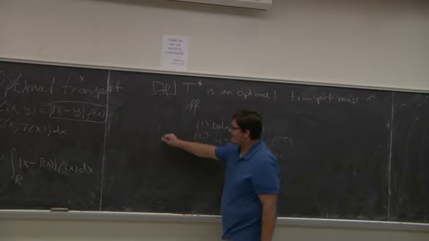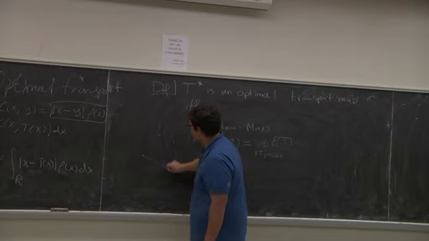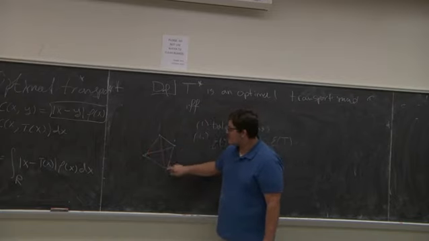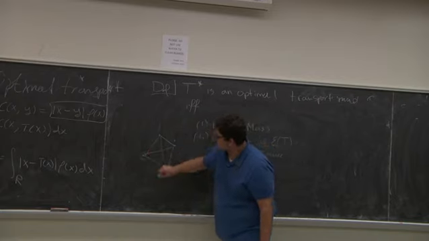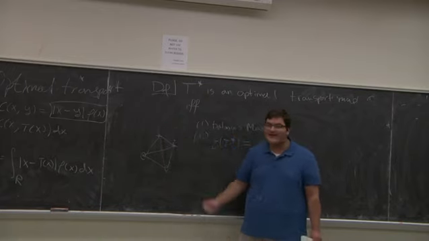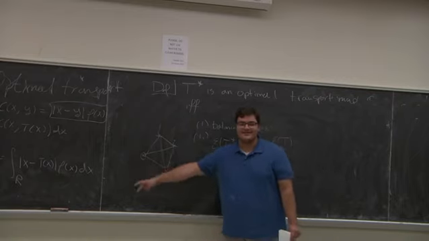You can think about that interestingly. If you have a set of 4 points on a tetrahedron, it's a bad tetrahedron, but you get the picture. You're trying to transport these two into these two. What's the optimal way of doing it? Any transport map is optimal, right? Because the tetrahedron is equidistant.